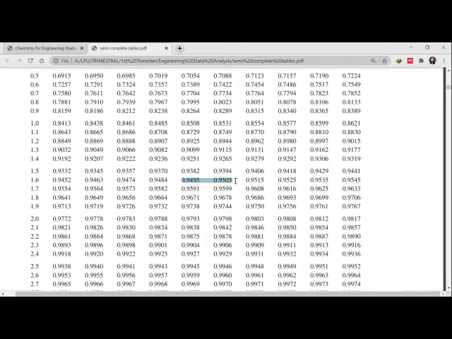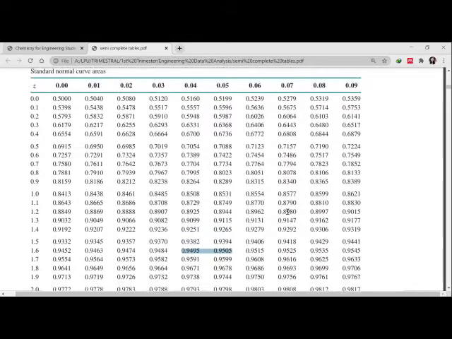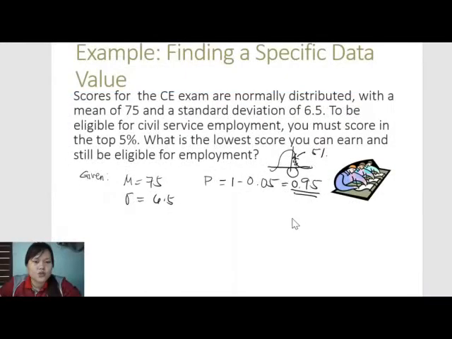Okay, positive naman, positive 1.645. Okay, so balik tayo sa ating solution. Positive 1.645.